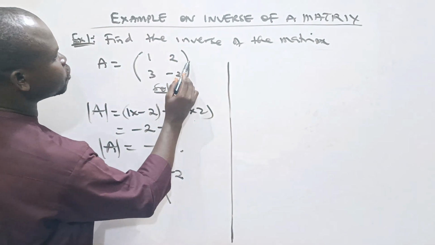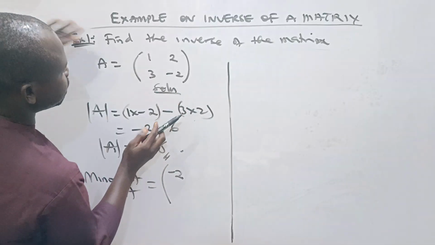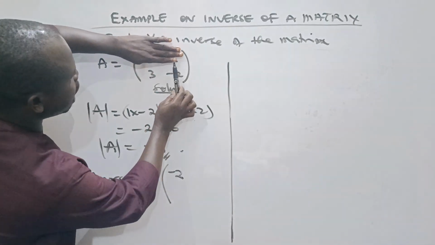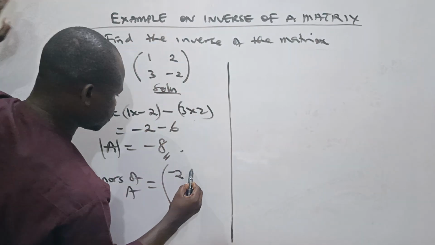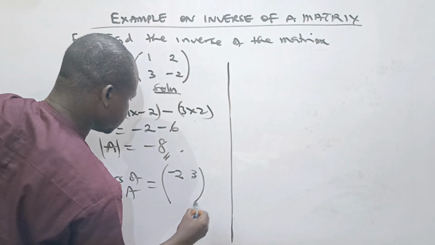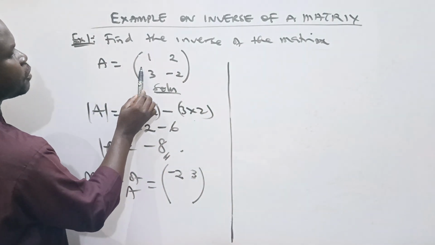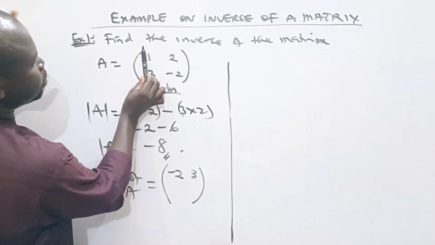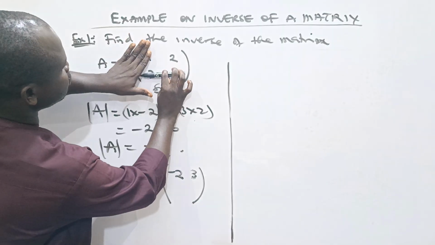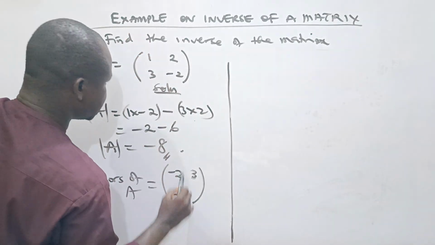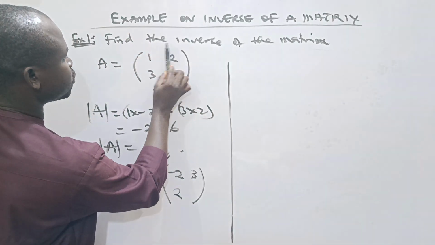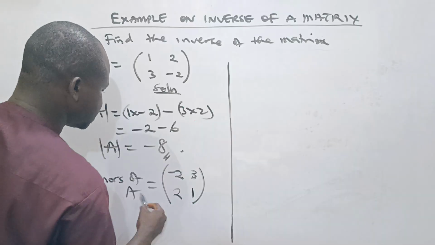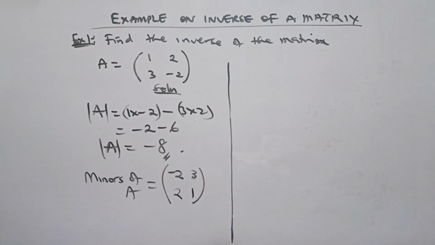If we cover first row and second column, we are going to have 3. We come to second row and first column, we cover these 2, we are going to have 2. Then the last value, second row, second column, we are going to have 1. This is the minor of A.